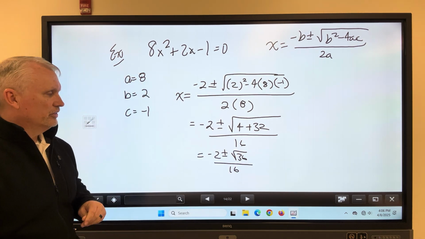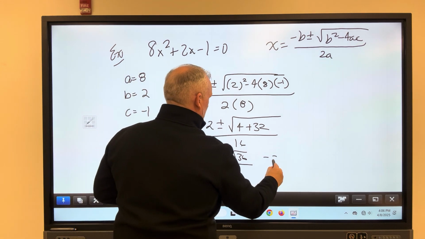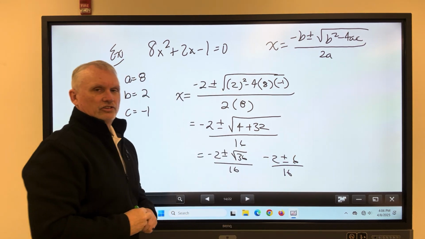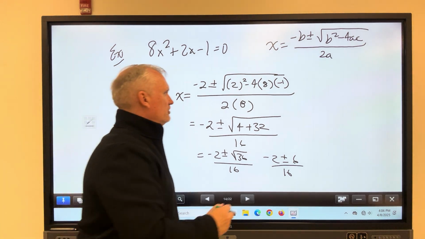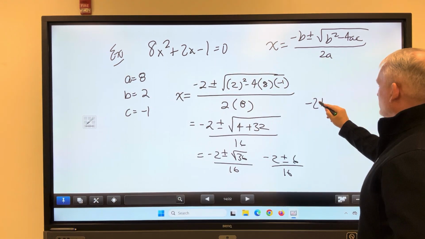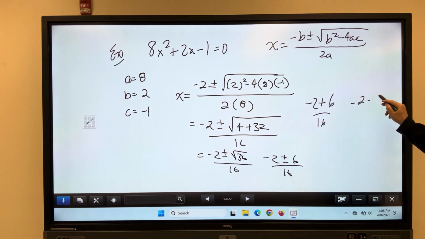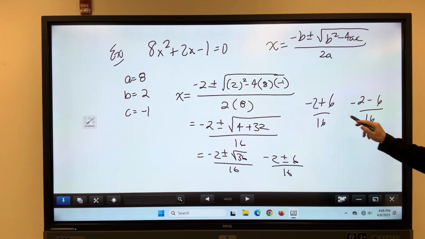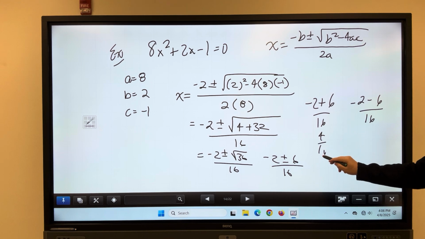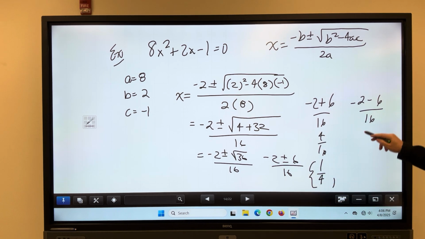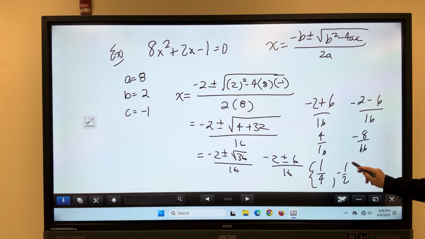Everybody knows that the square root of 36 is 6. Now here's how these answers go. -2 plus 6 over 16 and -2 minus 6 over 16. Well, this is 4 over 16, which is 1/4. That's one of the answers. This is -8 over 16, which is -1/2.